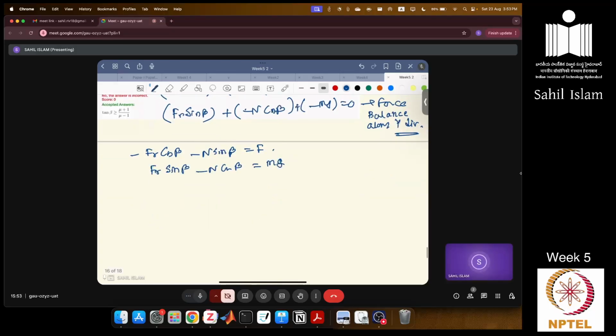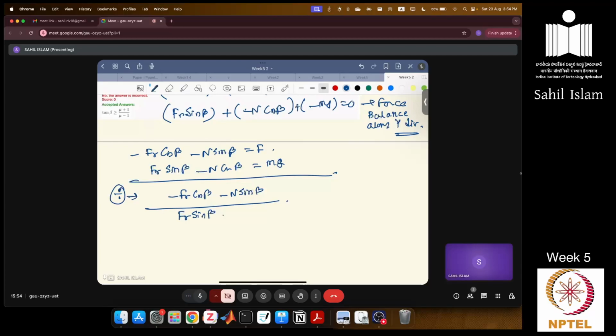So let's divide these two. You get minus Fr cos beta minus n sin beta by Fr sin beta minus n cos beta equals F by mg.